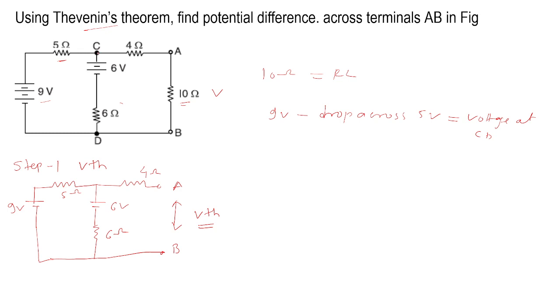So see, whatever voltage is available at this C and D point, that same voltage will be available at point A and B. Why? Because it is connected in parallel.